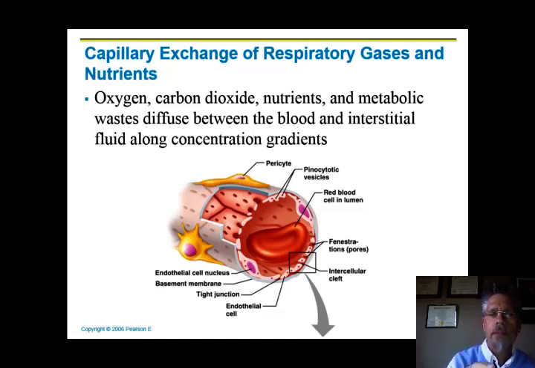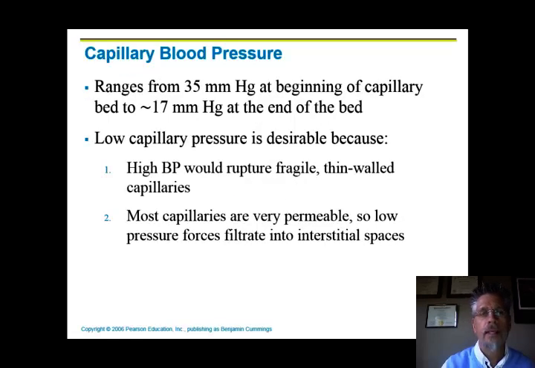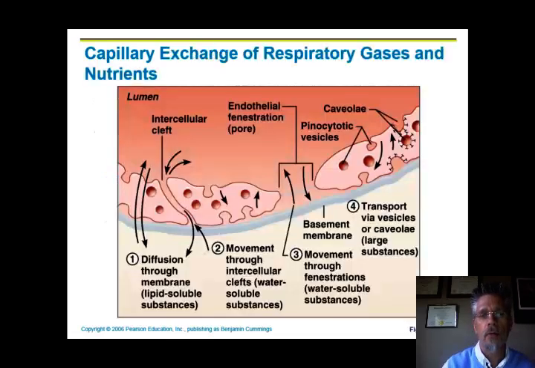Now, here's another major topic that you're going to need to spend time with: arteries, arterioles, venules, and veins are all about getting blood from one point to another, and that's it. But the capillaries are something different. We saw it in terms of their anatomy, and it has to do with their physiology. These vessels are all about allowing things to exit and enter the blood from the surrounding tissues. So it's very important that you understand how these different substances are going to exchange.